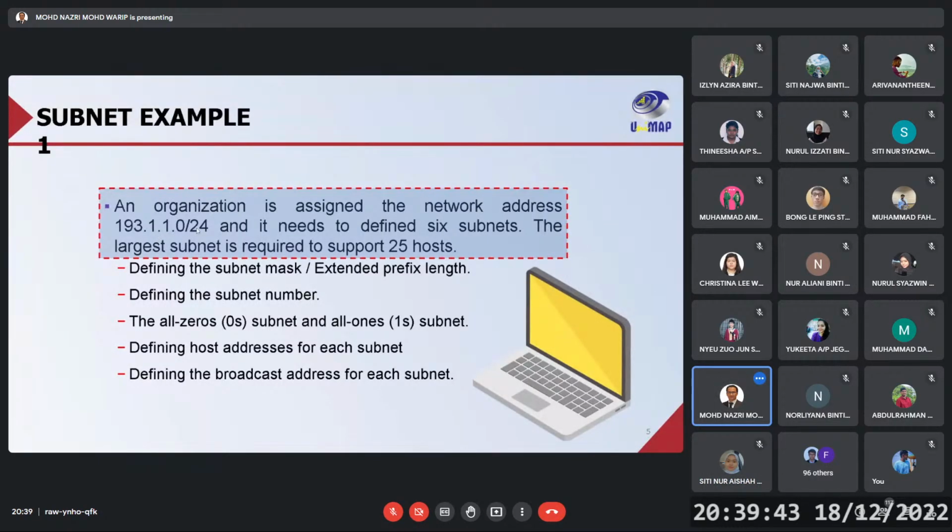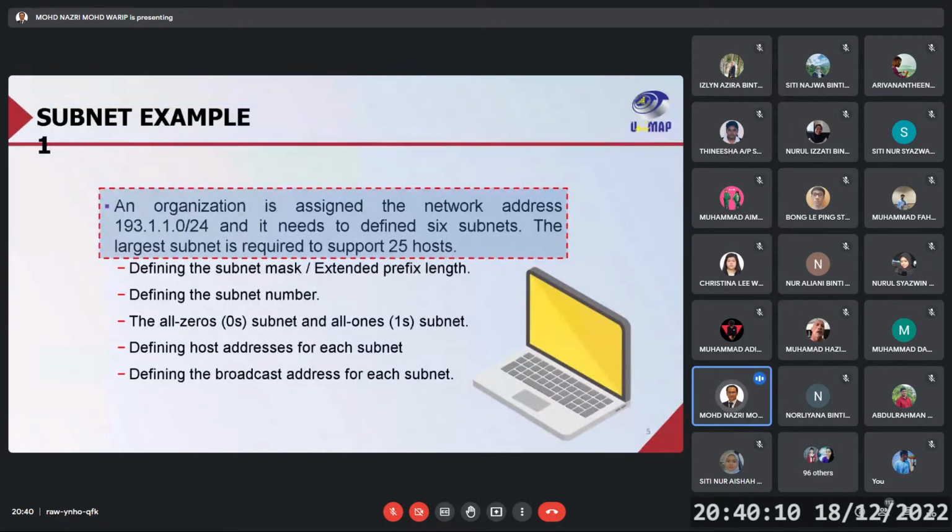Is 193.1.1.0 a public IP address or a private IP address? Who can answer? 193.1.1.0/24, public or private? Private. Are you sure? No, 193 is a public IP address.